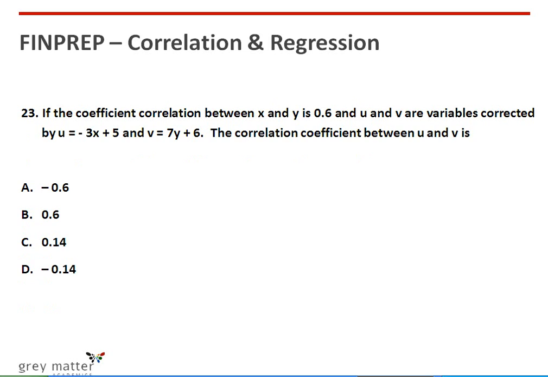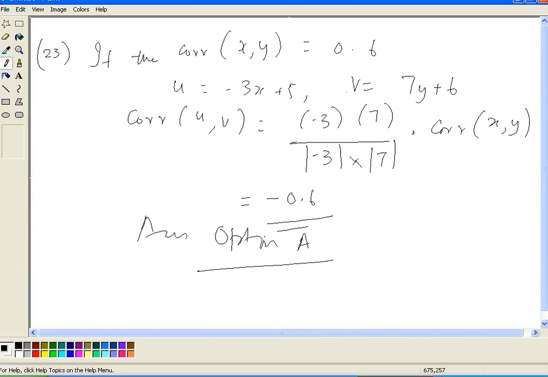23rd question. If the coefficient of correlation between x and y is given to be 0.6 and u and v are variables connected by the equation u equal to minus 3x plus 5 and v equal to 7y plus 6, the correlation coefficient between u and v is worked out as follows.